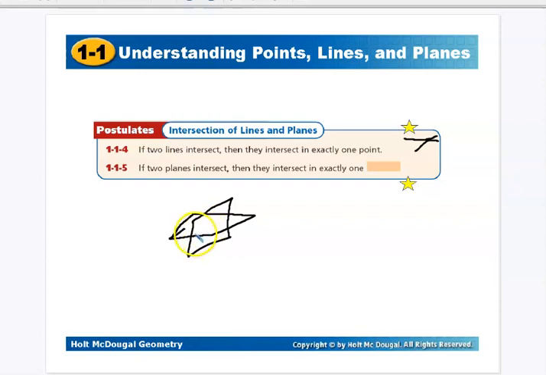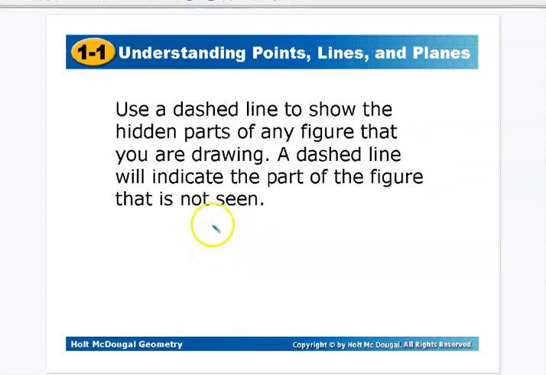They're going to intersect in exactly 1 line. There'll be 1 line. I got to redraw this for you. Right through there. All right, doing good so far.